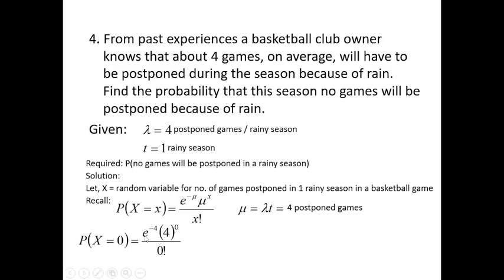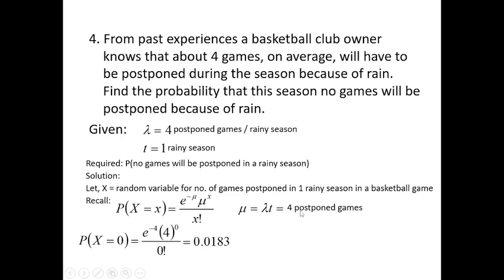So we have now e to the negative 4 multiplied by 4 to the power of 0 over 0 factorial, because X is 0. So 0 factorial is 1, right? And what will be our final answer? Our final answer is 0.0183.